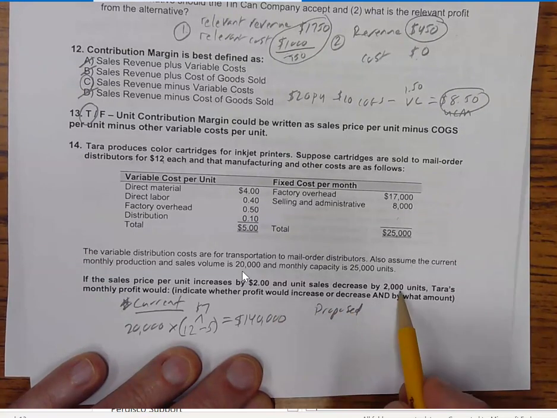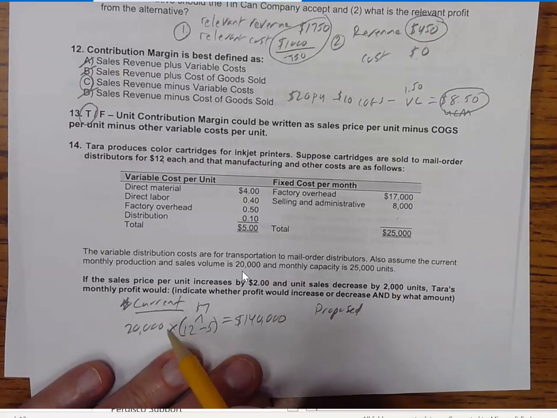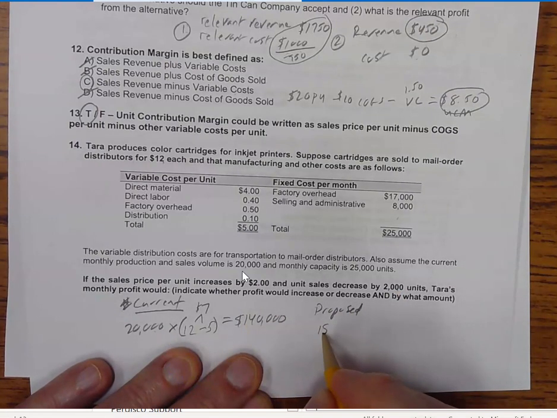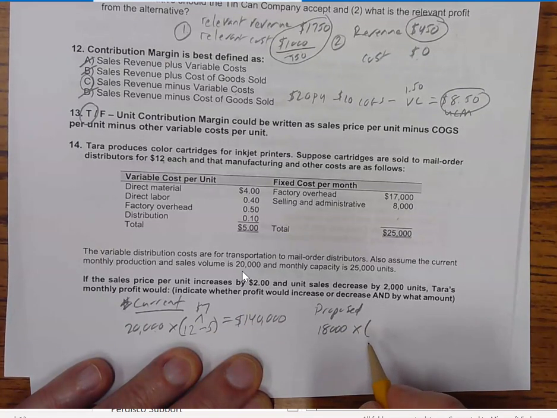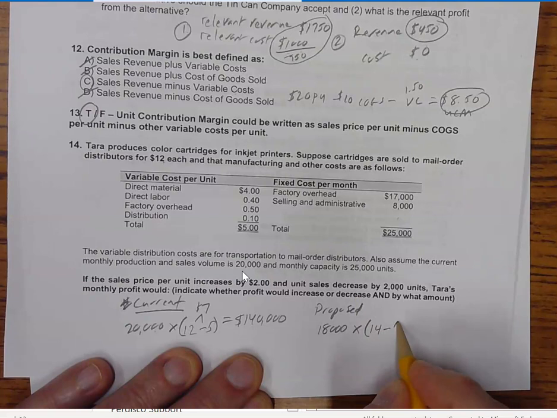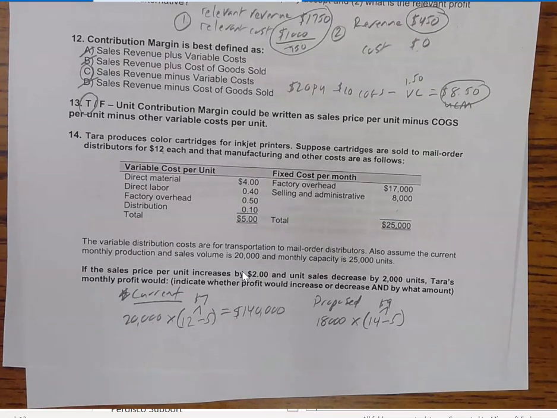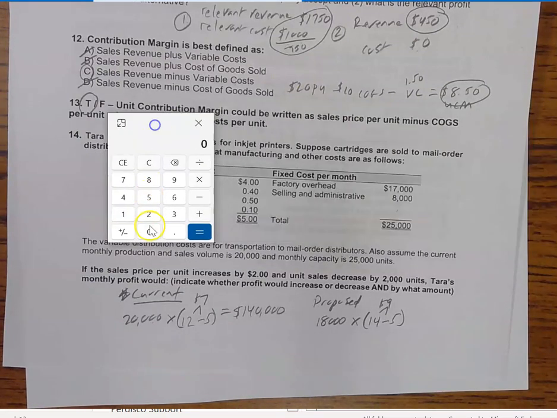If I do that, I'm going to lose 2,000 units in sales, so this 20,000 will now become 18,000 units. And I'm going to multiply that by 14 minus 5. So this is $9. And so let me just show you how I did this, because I did this first one in my head and I probably shouldn't have done that. So 20,000 times what we call our contribution margin per unit, or unit contribution margin, is 140,000.